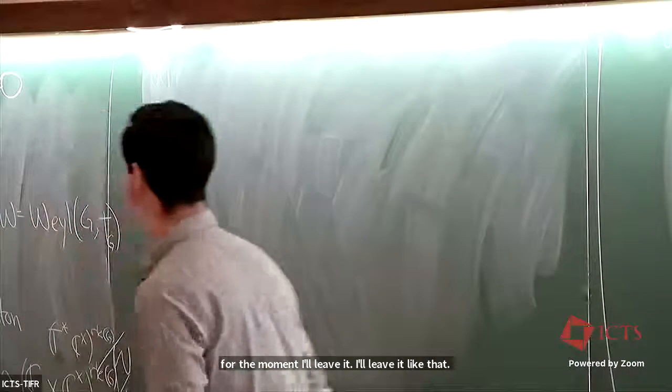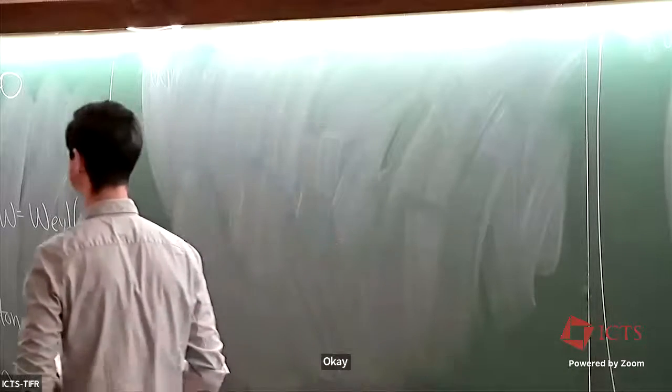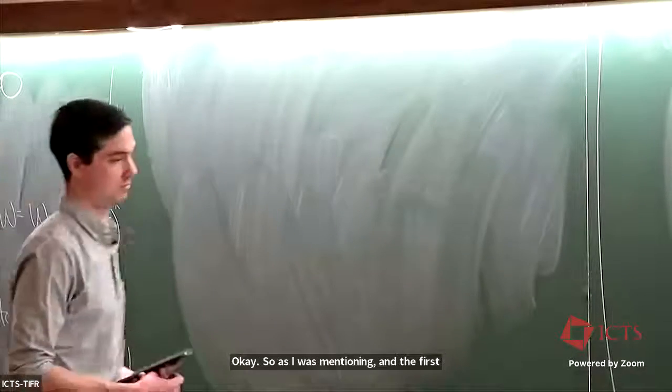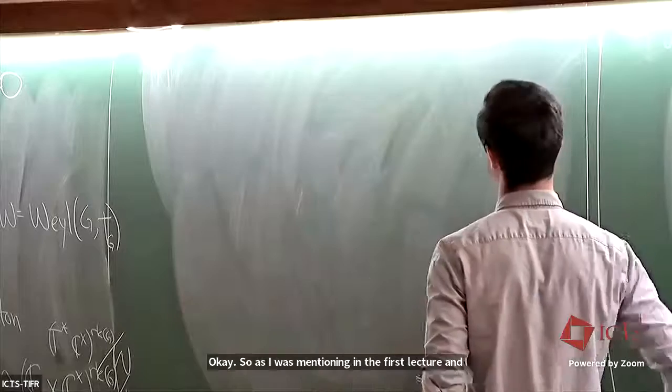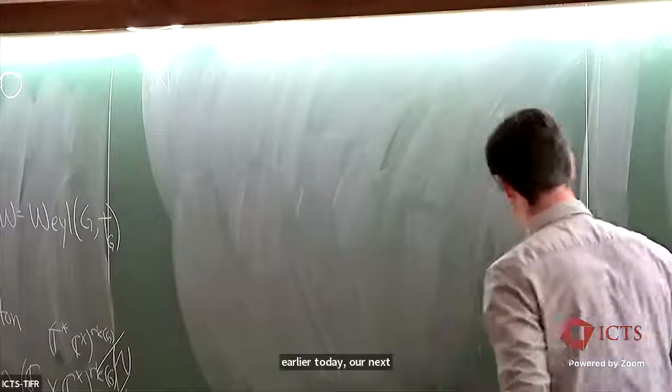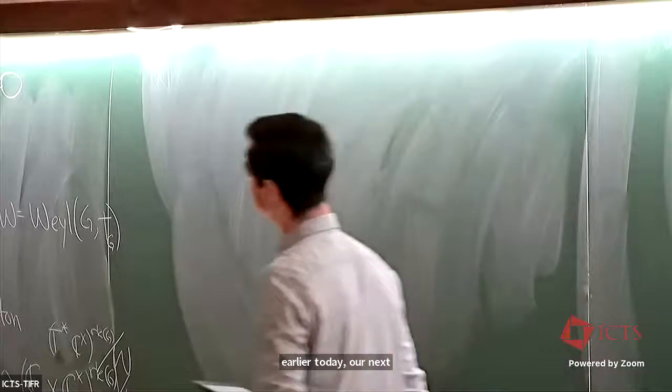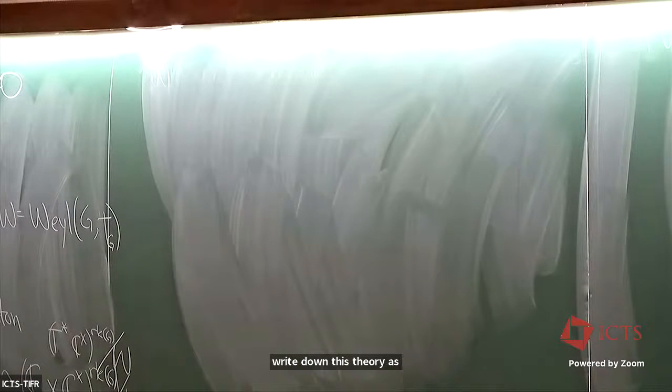Okay, so as I was mentioning in the first lecture and earlier today, our next order of business will be to write down this theory as a one-dimensional n equals 4 quantum mechanical theory.